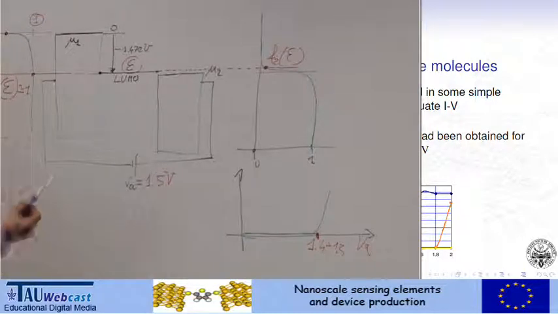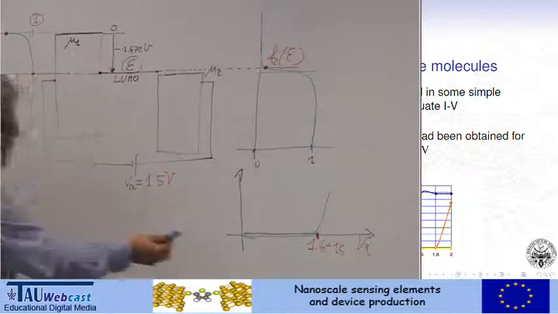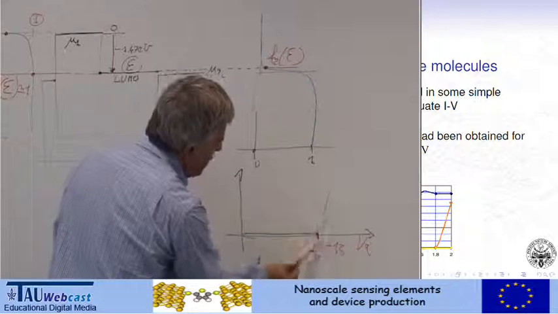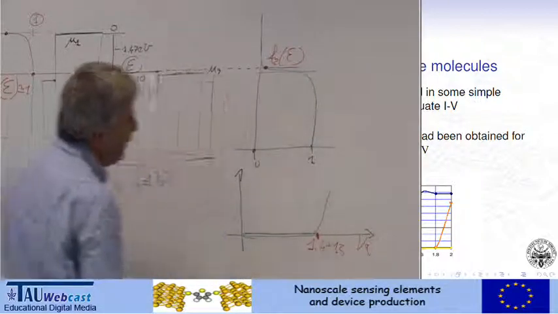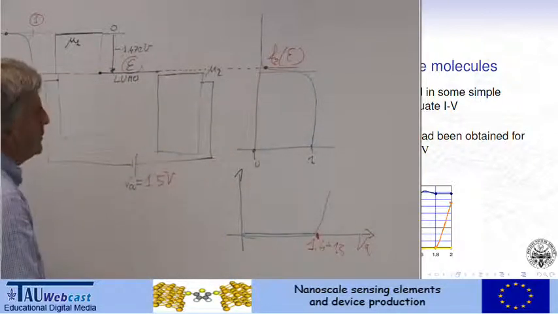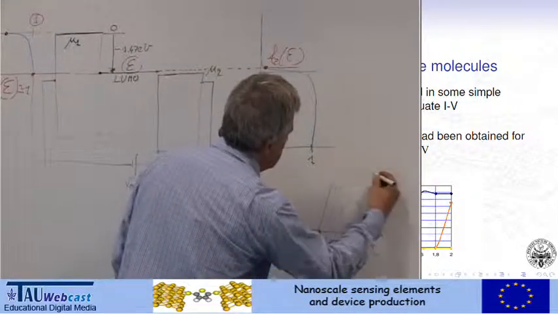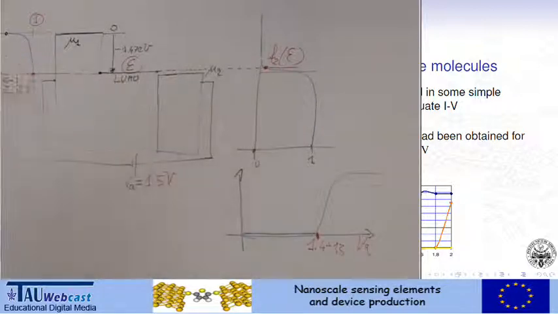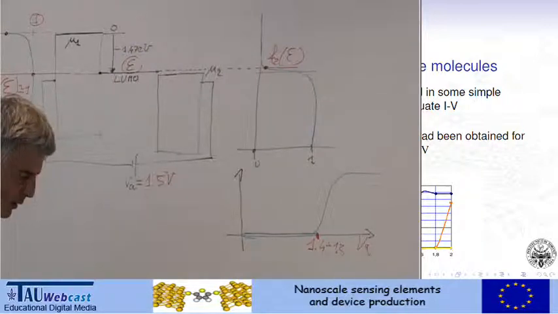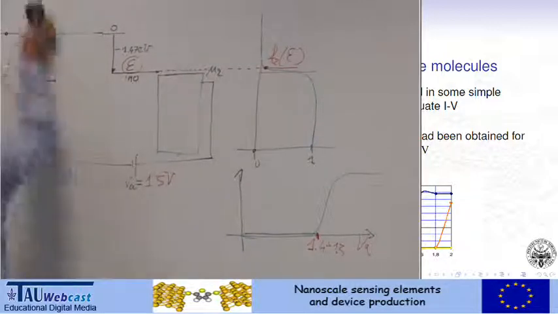So what we can understand is that in a very short range of voltages, the current will saturate to a maximum value, like this. So this could probably be what we can obtain by applying in a very simple way the Landauer equation to this system. Now we can check this idea considering what I said.